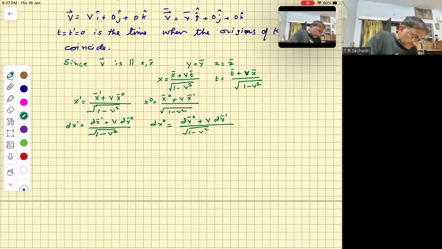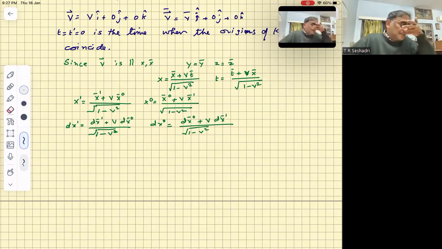Now I can just divide these two. So basically it says that if suppose there is a particle which is moving in such a way that at x0, its position was x1, and at x0 plus dx0, the position was x1 plus dx1.